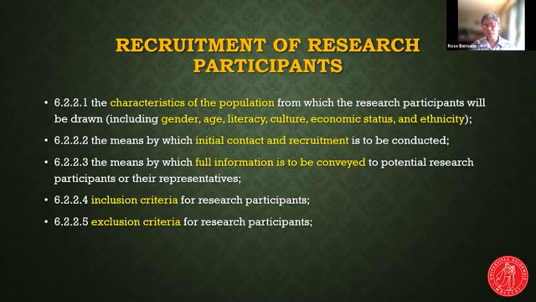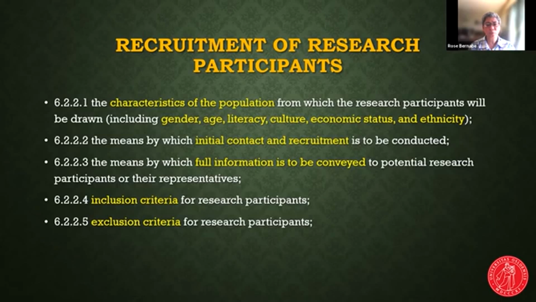So this recruitment process, if not properly safeguarded, can pose a form of social risk, economic risk, or even physical risk to the research participants. Yeah. And that's why research ethics committees need to make sure that they also look into this.